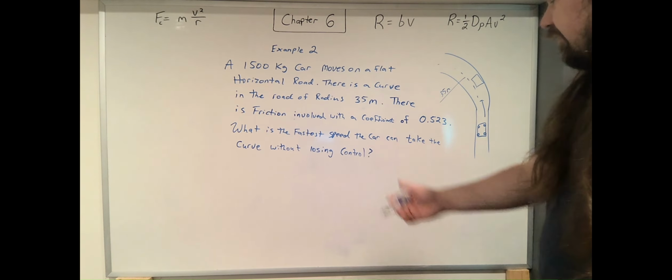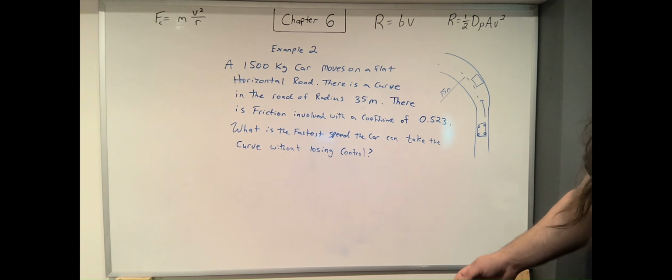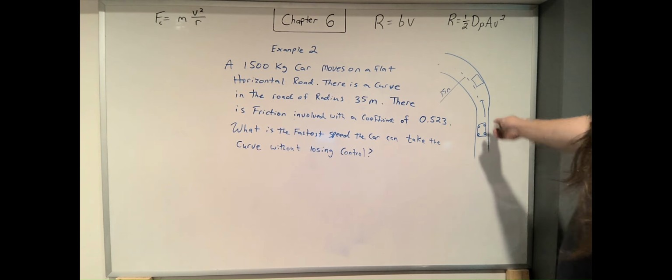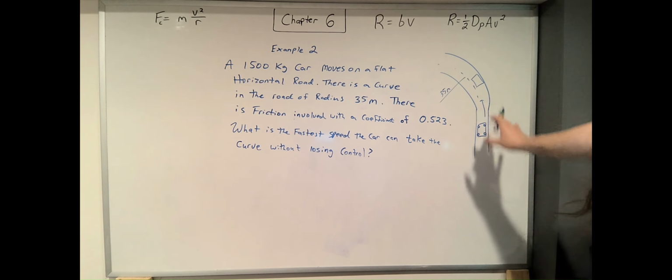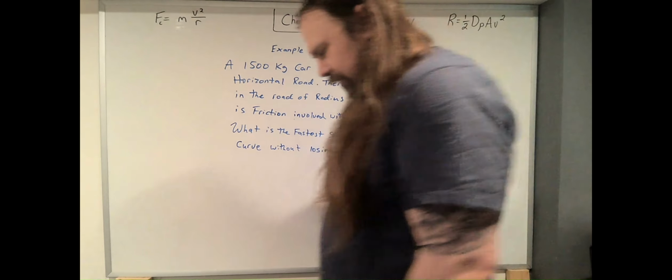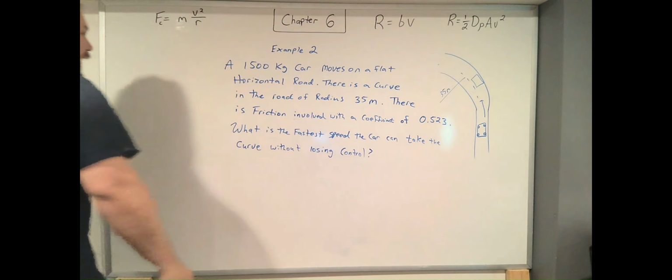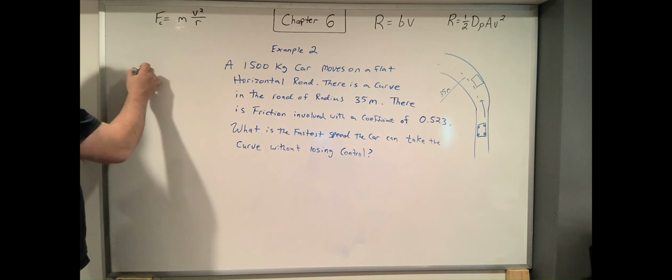And it wants to know what is the fastest speed the car can take. So it tells us then that it'll be going across with a constant speed. Okay, so this is kind of what's happening. We get that a little bit. Now, if we want, we'll draw out our free body diagram of the car.